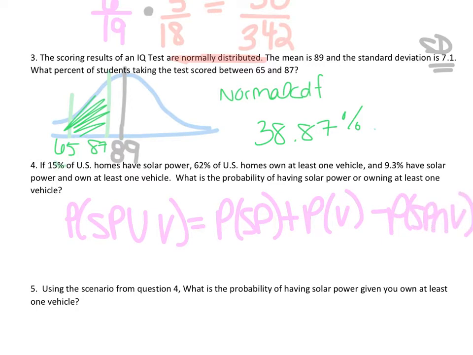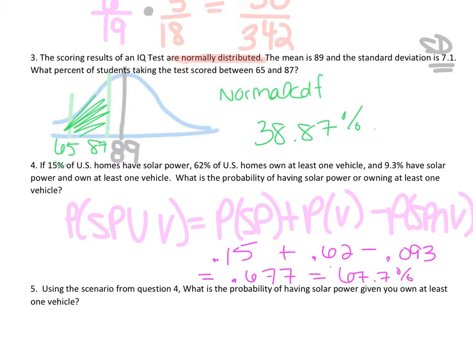So the probability of having solar power, we're going to change it to a decimal, it's 0.15, plus the probability of having at least one vehicle is 0.62, subtract that overlap, 0.093, remember to change everything to decimals, and you're going to get 0.677. They have everything in percents, so I'm just going to change this to 67.7% just to be uniform with the problem.